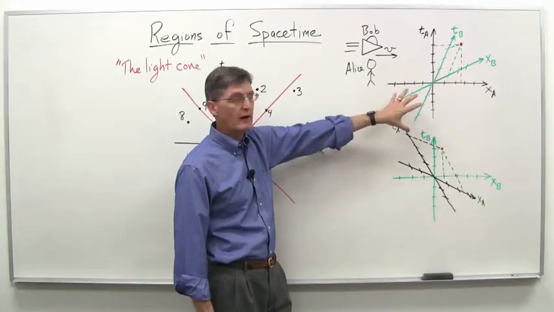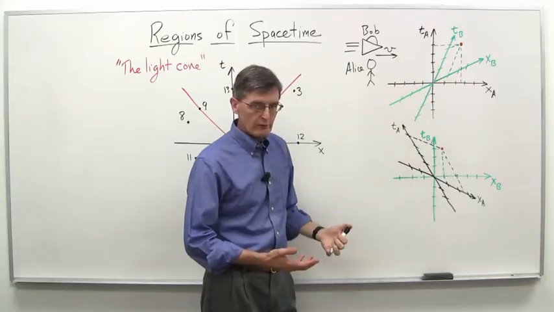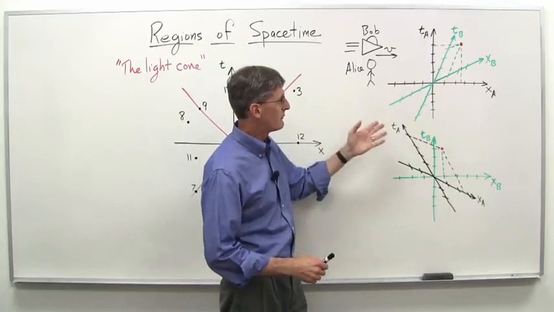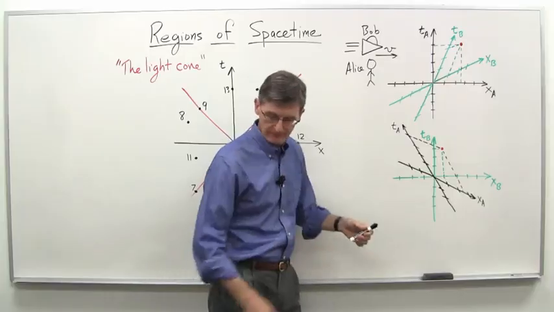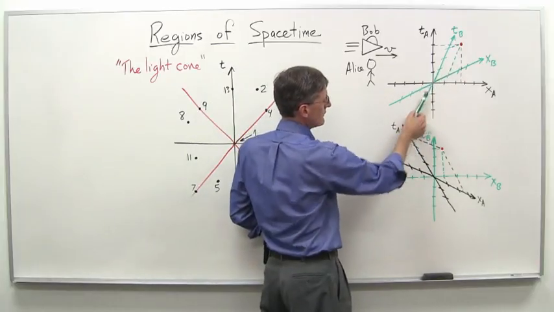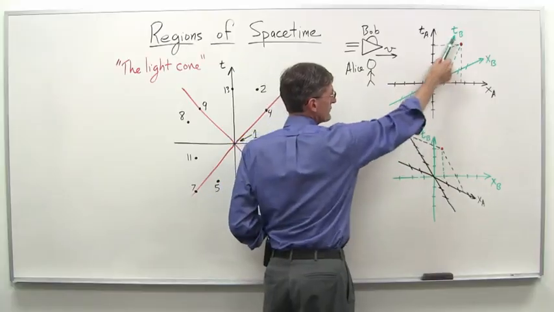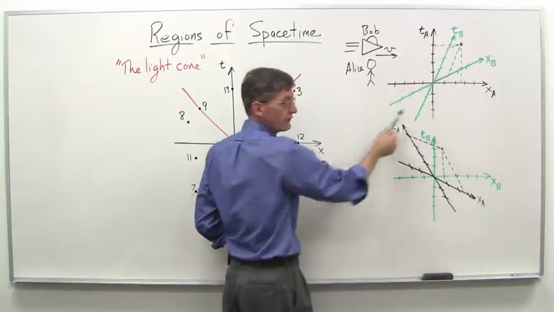And then we put Bob's axes on there, and it's important to see they're parallel again. In other words, Bob's lines of same location, the green ones here, are these lines. Here's his t sub b axis. So this is the line of same location for x sub b equals 0, of course.